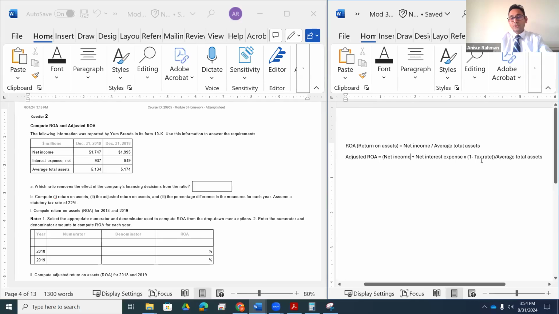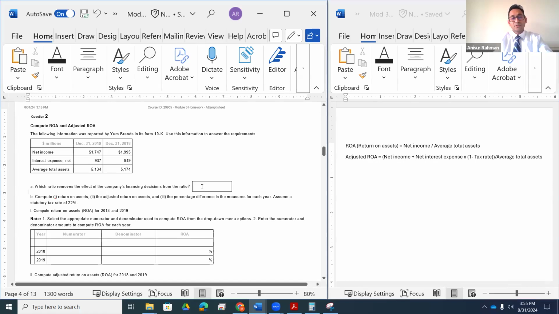So we are actually taking out the effect of interest expense, which is a financing decision, in the adjusted ROA. So adjusted ROA is the ratio that removes the effect of the company's financing decision. So it will be adjusted ROA.